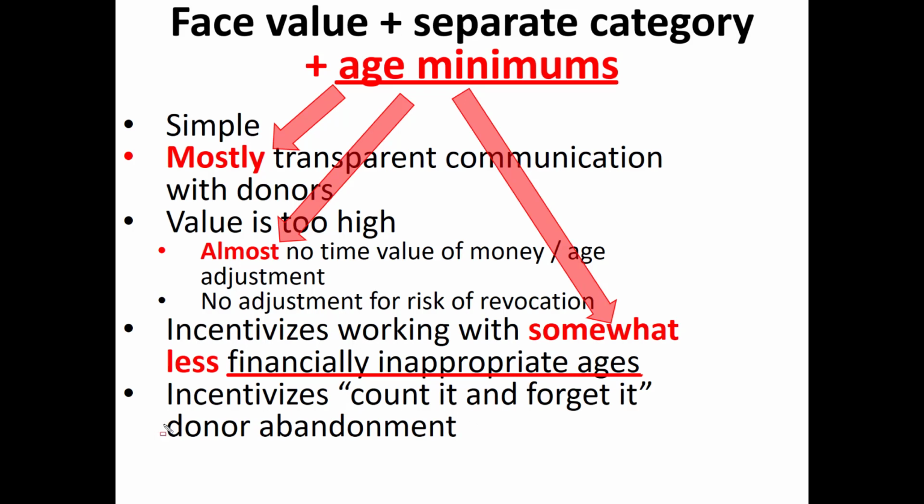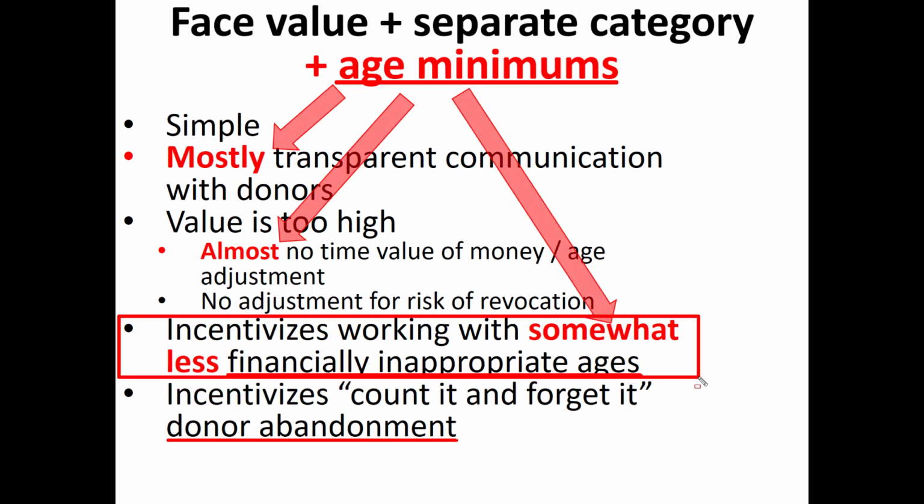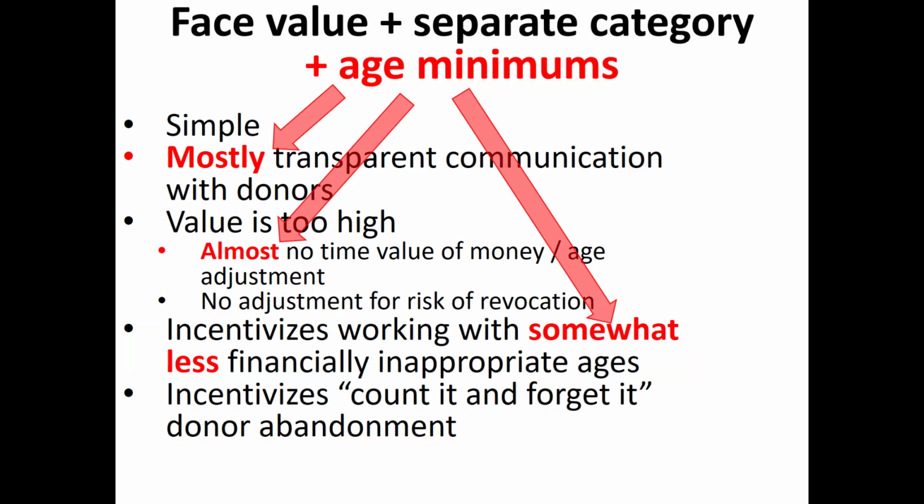It still suggests that once you get that relationship started, you should abandon the donor, because we're not going to give you any credit after that initial commitment has been made. So the biggest improvement, I would say, is it's slightly better in this category than not having any age minimums. So it's something to consider as a possibility.